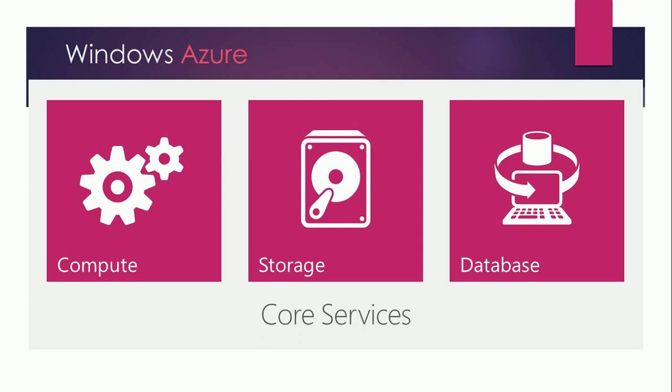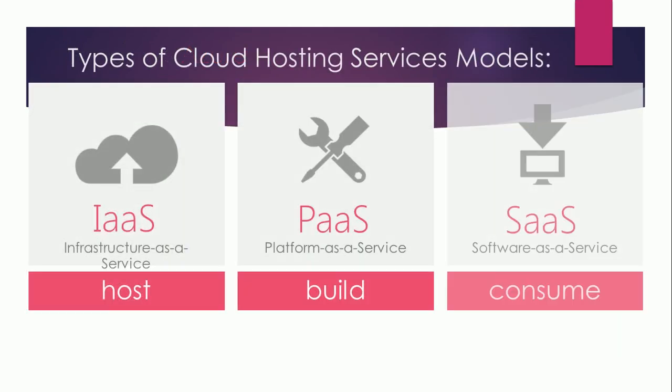Windows Azure has 3 major components, that is compute, storage and database. Whenever we are looking at these components, we have 3 types of clouds, depending on the cloud hosting service models, that is IaaS, PaaS, SaaS, which means infrastructure as a service, platform as a service and software as a service.